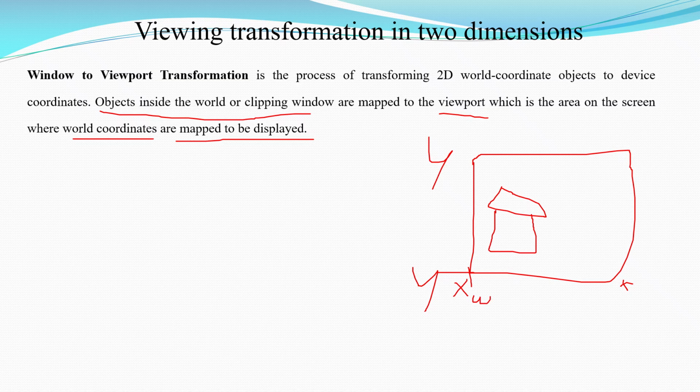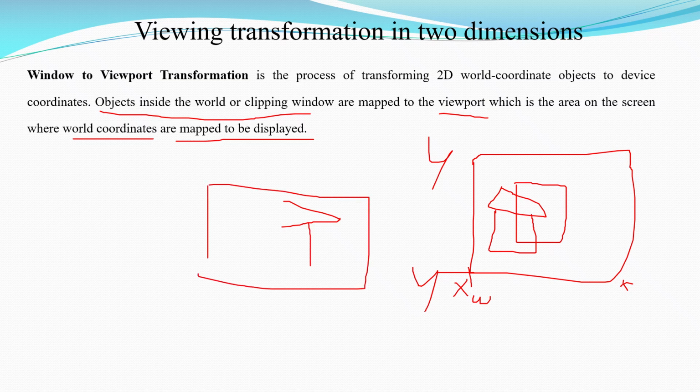If you want to zoom this part, meaning we want to view this part of the image, that is called a view. This is your viewport, and the clipping happens here.